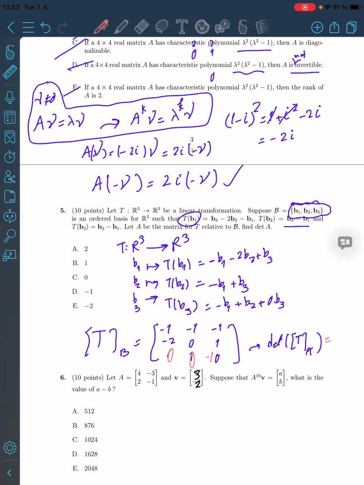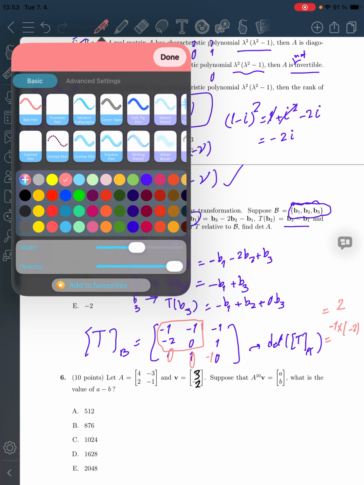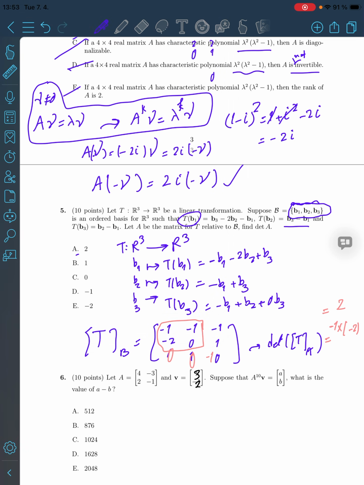Then the determinant is going to be -1 times the determinant of this part, and the determinant of this part is going to be -2, and therefore the answer is 2, and therefore I just choose A.